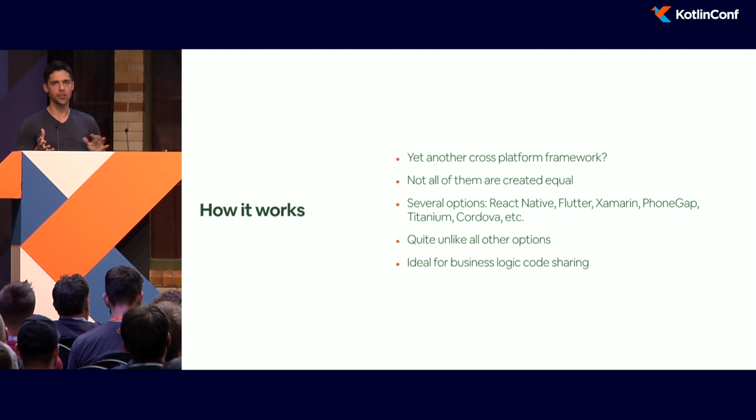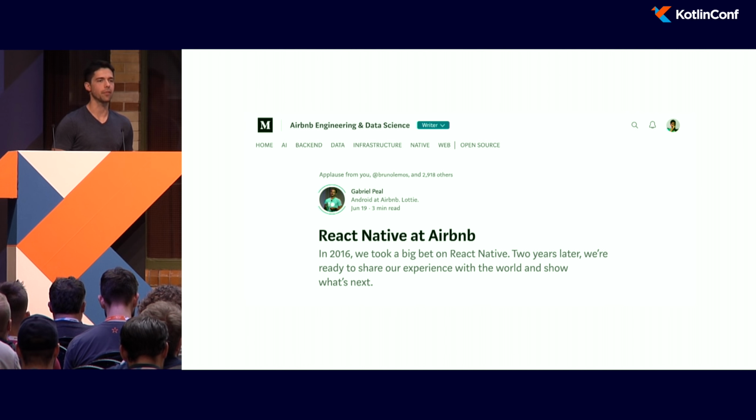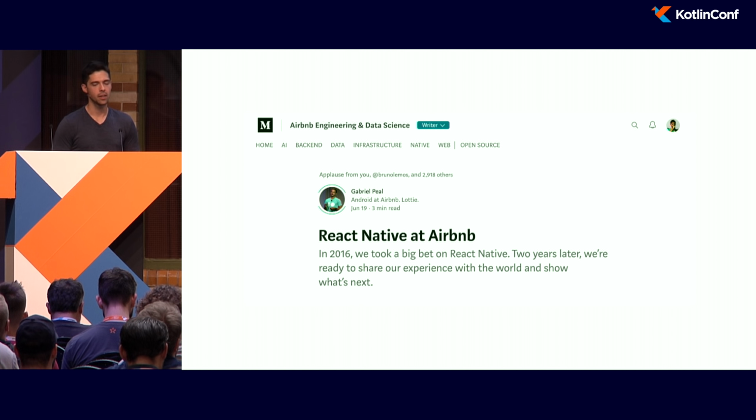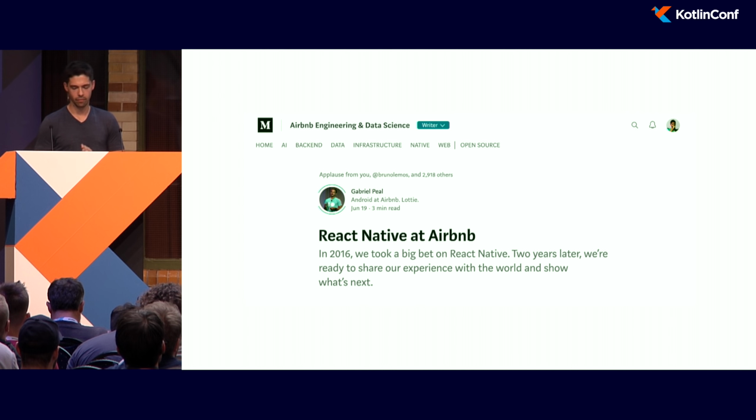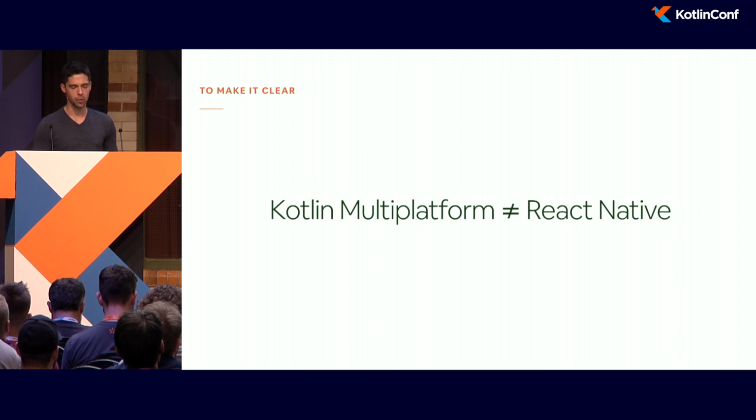If you haven't seen it, it's a series of about 5 blog posts on the topic, and it covers a lot of the reasoning behind why we did it and how it worked out for us. There's a lot of stuff there that applies to basically any cross-platform framework you want to use. So a lot of the learnings could even be applied to Kotlin Multiplatform if you think about it in a more high-level way. So definitely check out that blog post. It's really interesting.